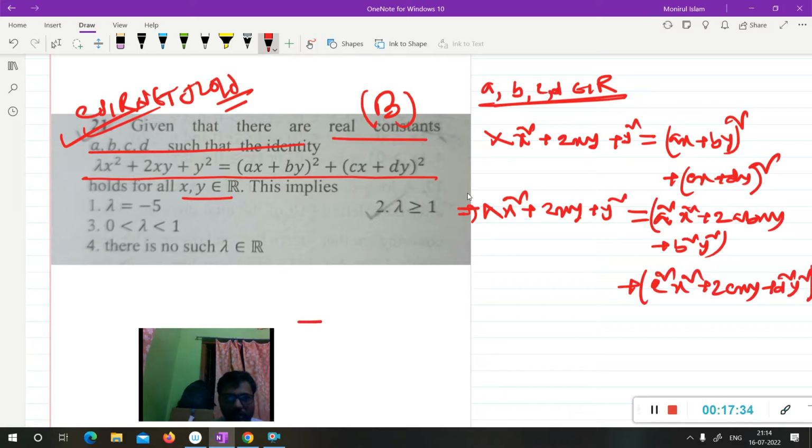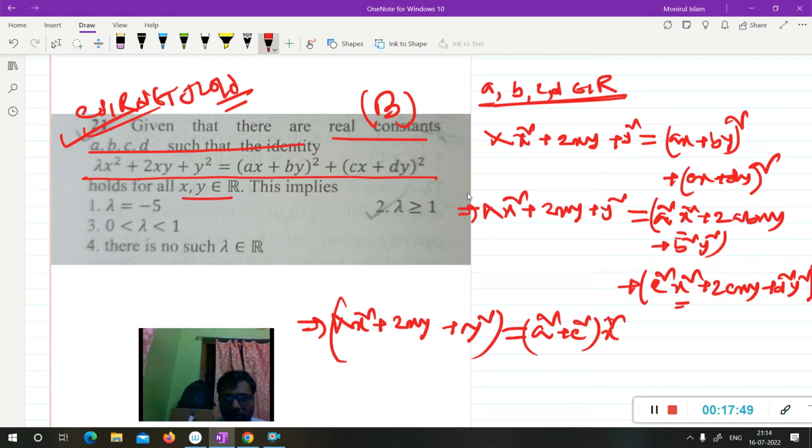Now on the left we have lambda times x square plus 2xy plus y square. From here, if you take out the common x square, it gives a square plus c square times x square.